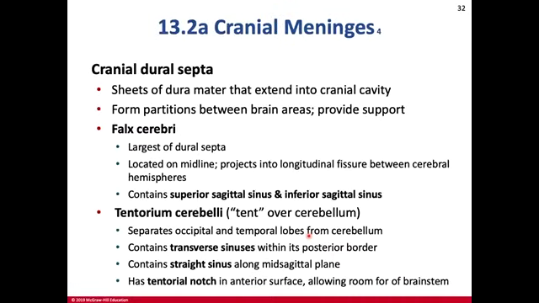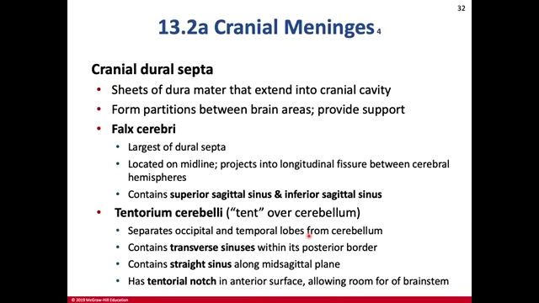The cranial dural septa are sheets of dura mater that extend into the cranial cavity, and they form partitions between the brain areas and also anchor the brain and provide support for the brain. The falx cerebri is the largest of the septa and is located in the midline and projects into the longitudinal fissure between the cerebral hemispheres, and contains the superior sagittal and inferior sagittal sinus.